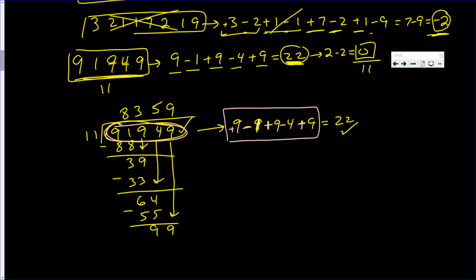Even if you mess up, I don't think you would do this, but if you started with -9 and then you added 1 and took away 9 and added 4 and took away 9, you'll get -22. Just be careful and don't go 91949 and go plus minus plus minus.